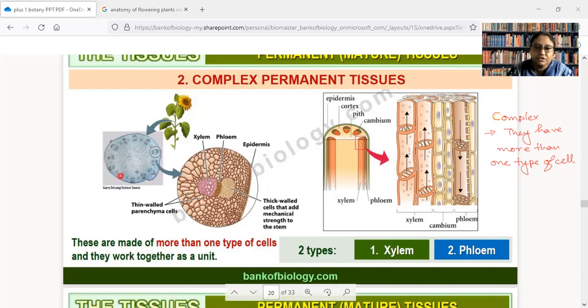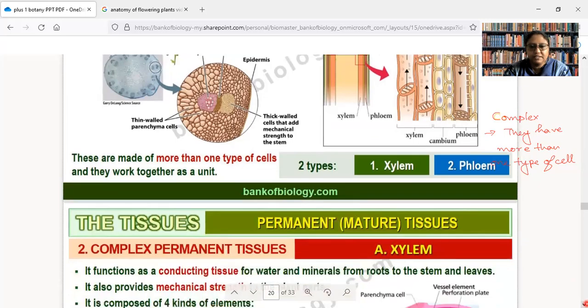This is the cross section of the root, with the outermost layer, the epidermis. Then there is the presence of phloem and xylem. This is how phloem and xylem are arranged like a pipeline in a plant, working as a pipeline for transportation of water and food.